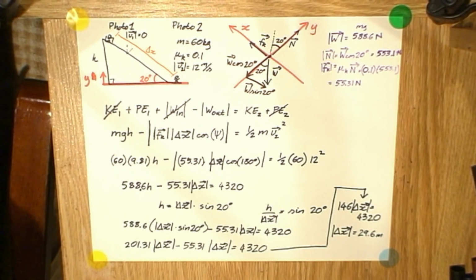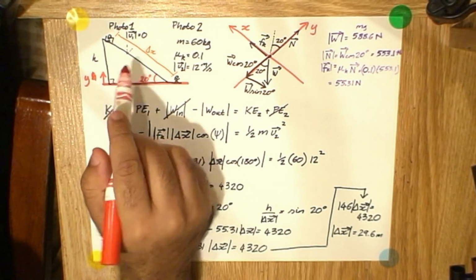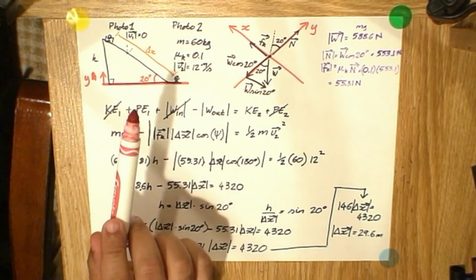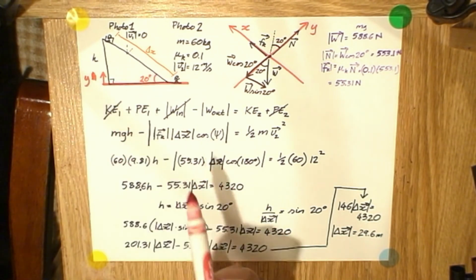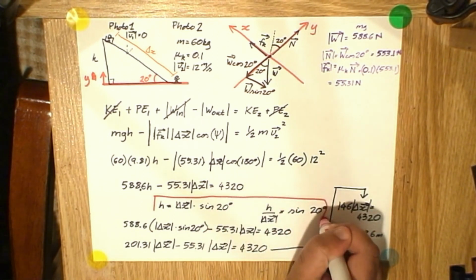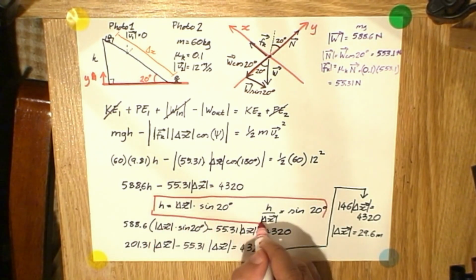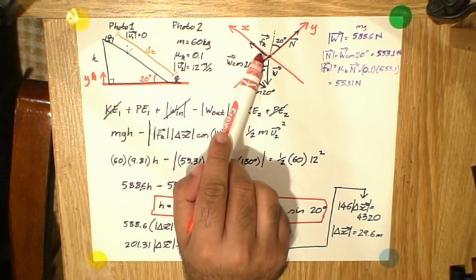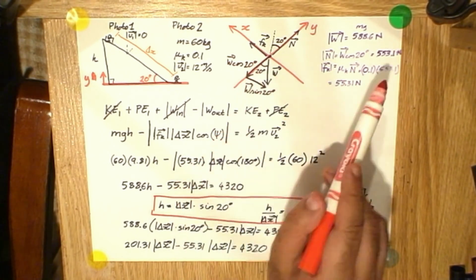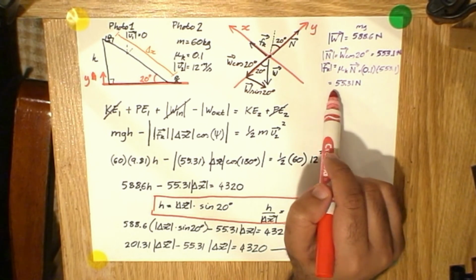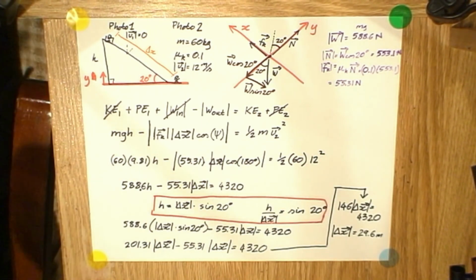So in this question, what took place was we did not know the initial height or the displacement of our character. So we made a note that there was going to be a trigonometric relationship somewhere down the line, which indeed there was. Because kinetic friction plays a major role in this question, we solved out the free body diagram and found out how big that kinetic friction was going to be, 55.31 newtons.